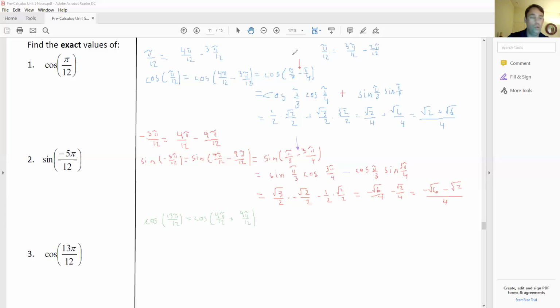Maybe you chose 3 pi and 10 pi. I'm not going to do that one, but maybe you did. That's okay. Good for you. 10 pi and 3 pi would add up to 13, and they both reduce. Maybe you didn't do addition at all. Maybe you did subtraction, 15 and 2.